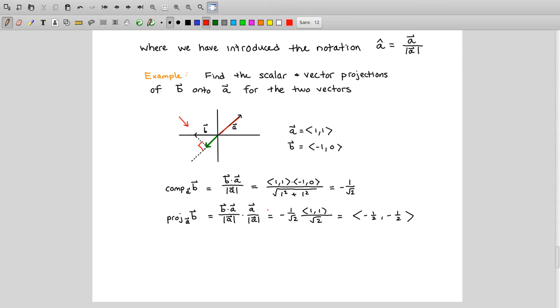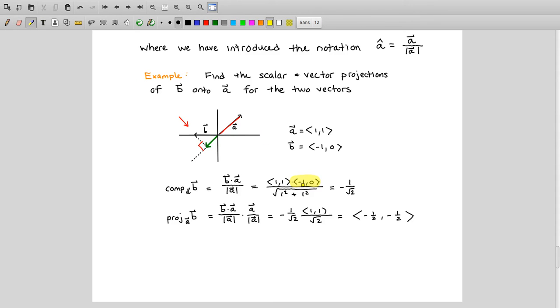So you often calculate these things together regardless of what the problem asks. You just go ahead and calculate both of them. What is the component? It's b dotted with the unit version of a. The unit version of a is (1, 1) over its length, which is (1, 1) over the square root of 2, dotted with b, which is (-1, 0).